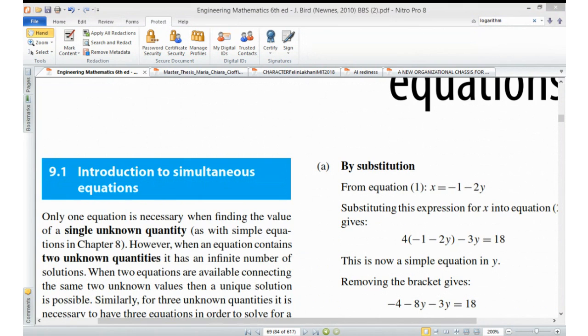If the equation involves two unknowns, then we call it a double linear equation. We'll also have cases where we have three linear equations to be solved, so we have three unknowns.